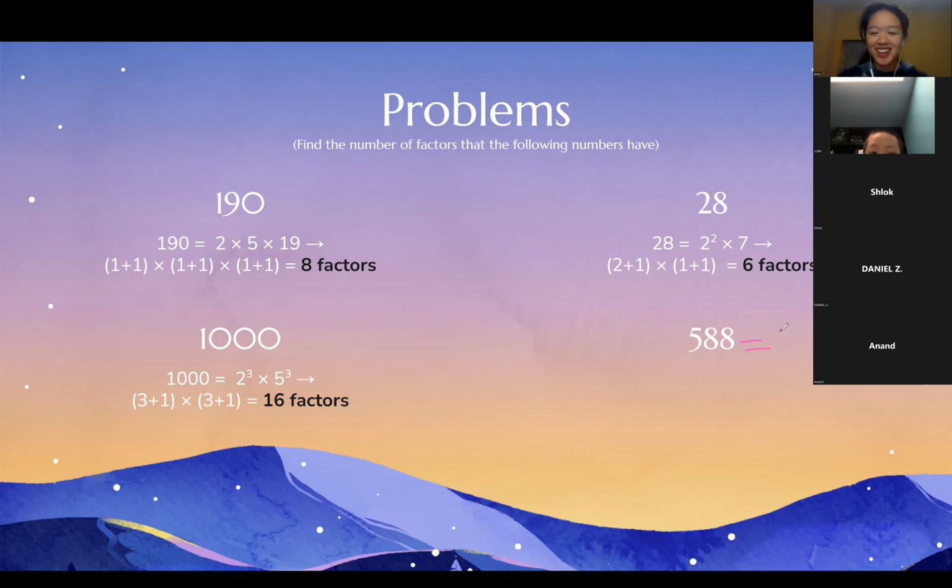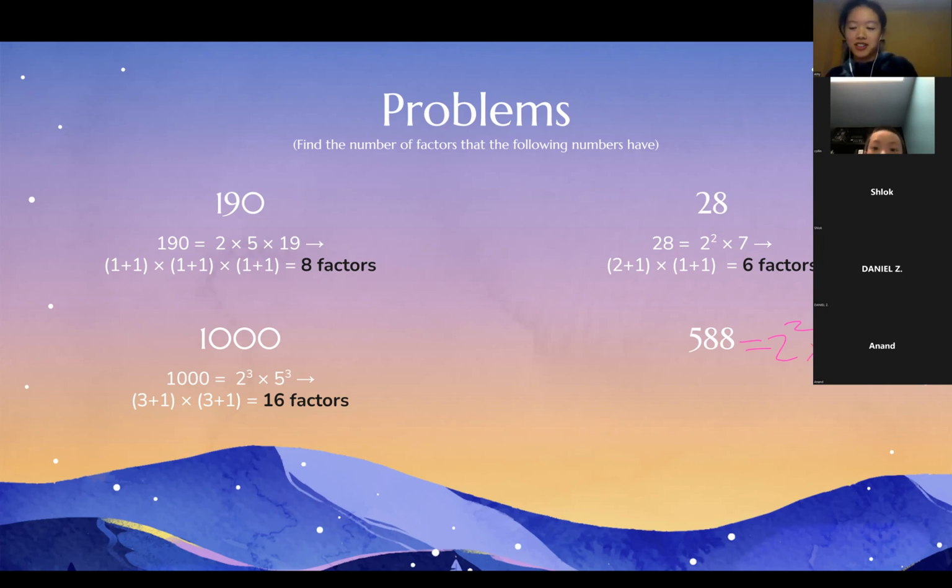So 588. Immediately you can tell that this is divisible by 4 because the last 2 digits are divisible by 4. So therefore, we immediately know 2 squared is a factor. After dividing by 4, we find that it's 2 squared times 147.